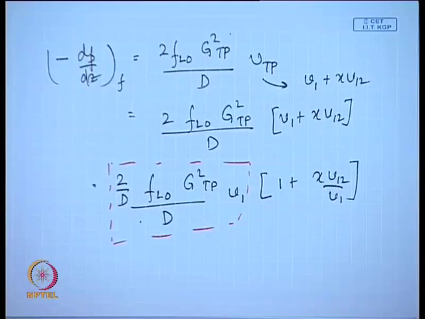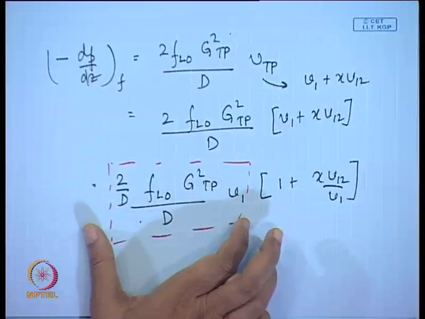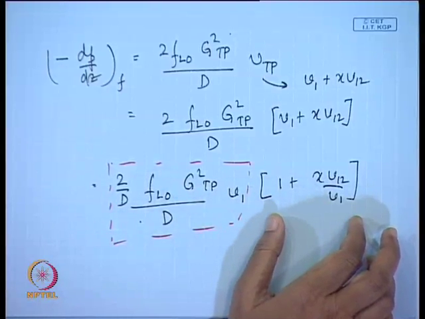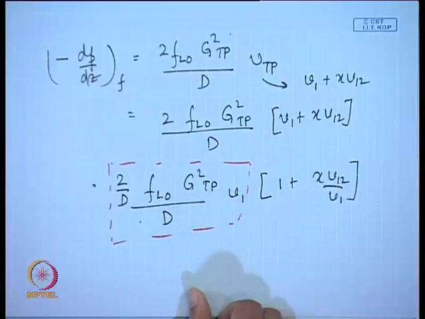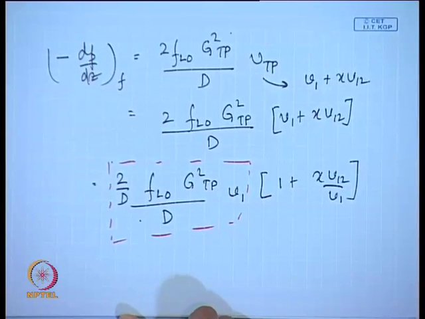Any idea what does this particular expression, it is a product of two terms basically now. If you can tell me what is the first term here in this particular case. It represents the pressure drop when the entire mixture flows as liquid through the pipe. Do you get my point?